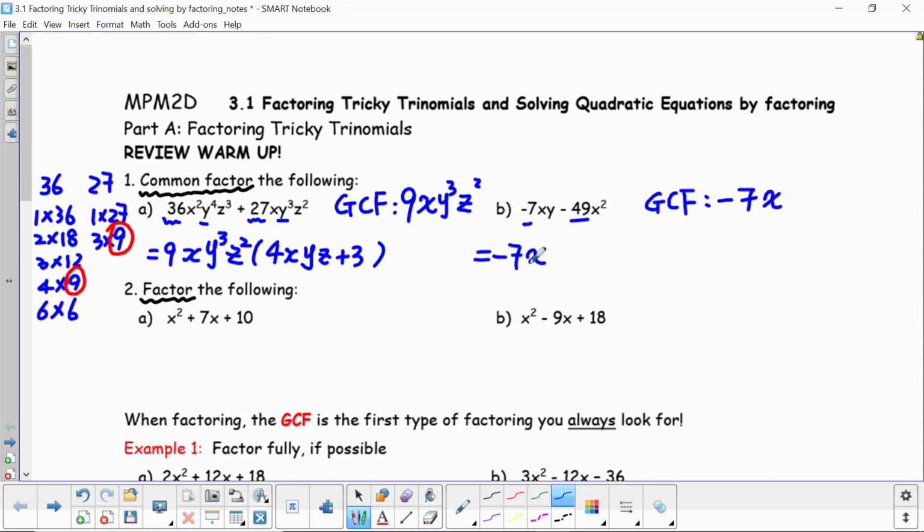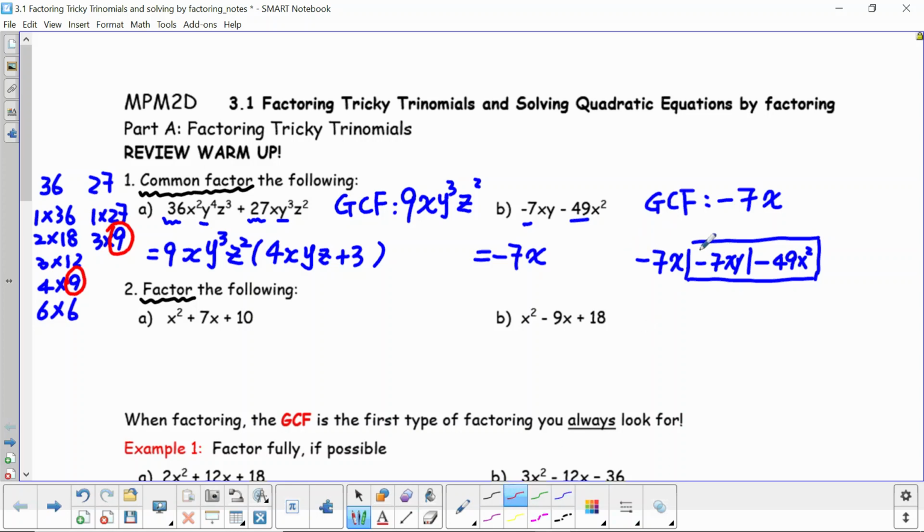For this question, I want to show you the box, but you don't need to show me this box method. You give me the final answer, then it's okay. So negative 7xy. And this one is negative 49x squared. So we have the common factor negative 7x here.